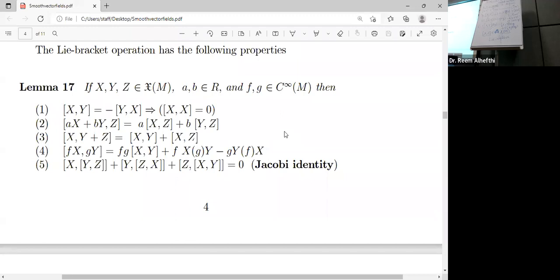I have a question. Is there a relation between the Lie bracket and the inner product? No, nothing. The inner product is just on a vector space.